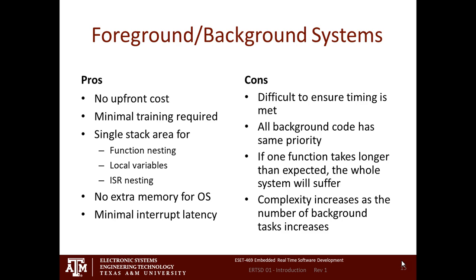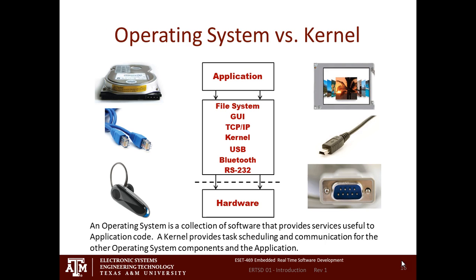Yes, the interrupt may happen faster, but you're still dealing with it in that super loop, and so you're still going to deal with it whenever the super loop gets around to it, as opposed to when it happened. If one function takes too long, every function suffers, right? If you have something that just takes a little bit too long, everything gets slowed down, not just one function. And as you get more complex, it can still get complex quickly, although not as bad as in a super loop situation.